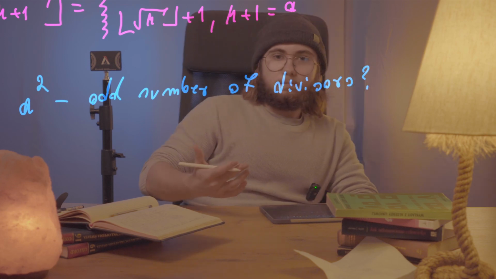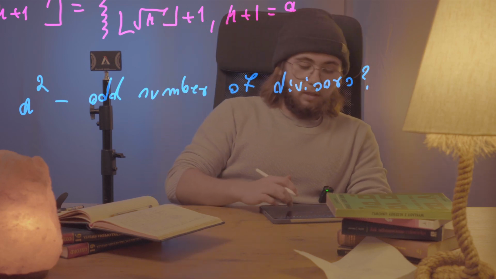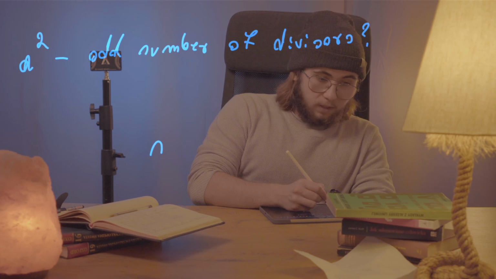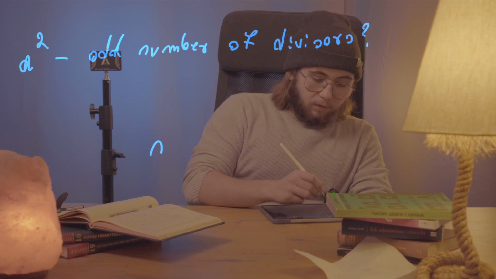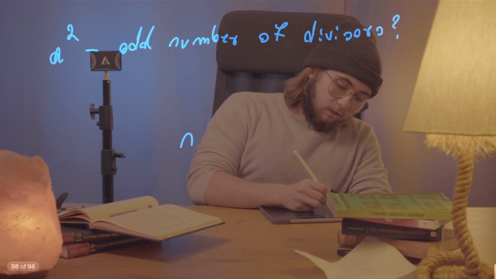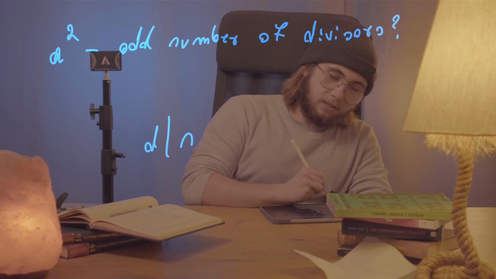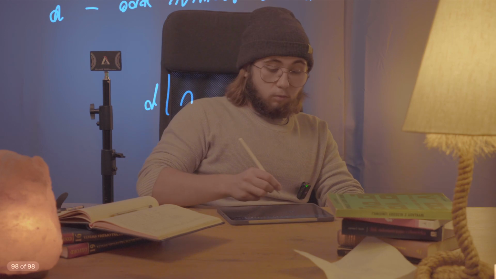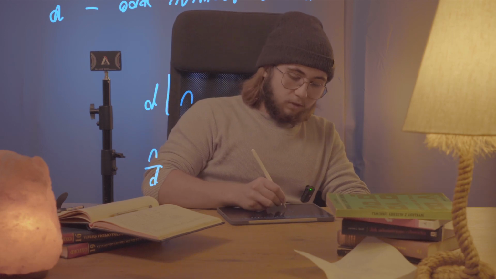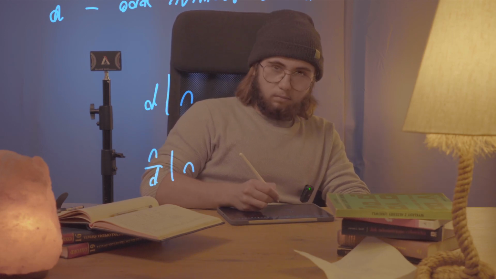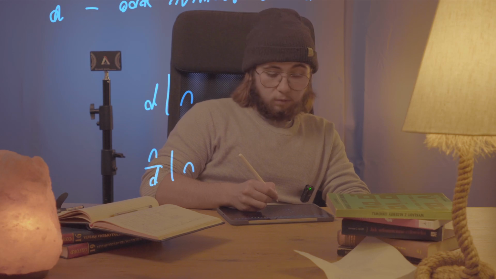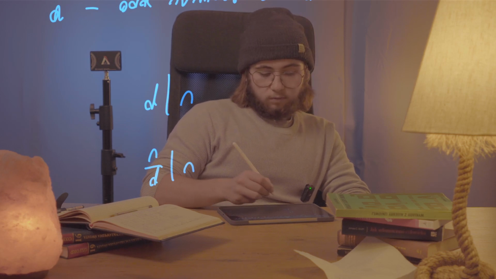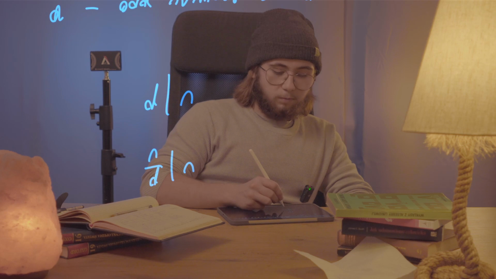Whenever I have a regular number, let's call it n for now, and there is a d which divides n, d is for divisor, then another divisor of n will be n over d, because it will also divide n. That's without a doubt.